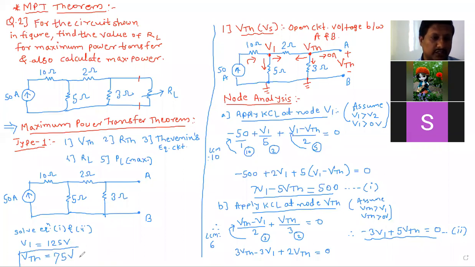So orally also we can solve it. 75 volt. So you can keep this 75 volt. So the first point is covered. First point is done. VTH we have calculated. So kindly read it all. How I got the VTH. I will give 15 seconds. VTH वाचून घ्या. If any doubt, any questions will be there, you can ask.